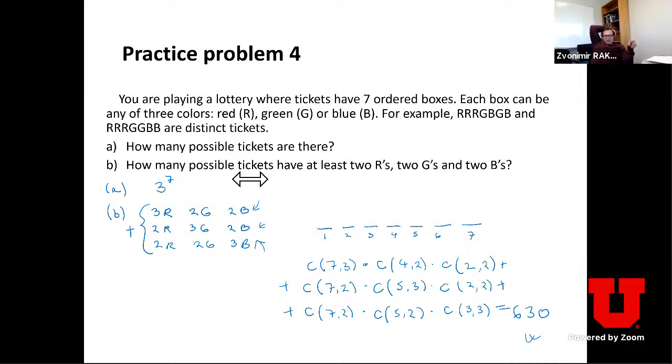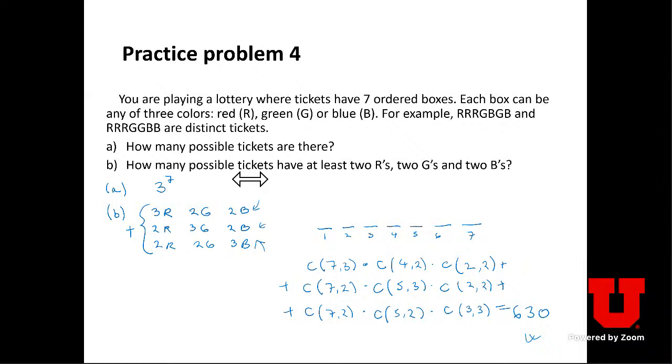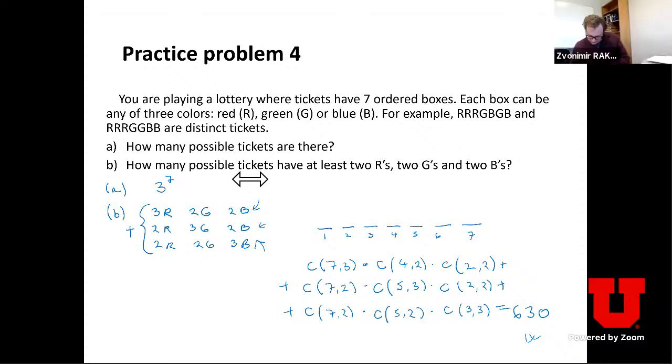So what is strange to me is why you don't have to. Are you then overcounting? I have to take this offline. Sorry, but I will post it on Canvas. I like seeing different solutions, and right now I don't see a problem. I mean, I see a problem with yours, and so I'm surprised that it ends up being 630. So let me think about this, and I'll post it on Canvas. Great question.